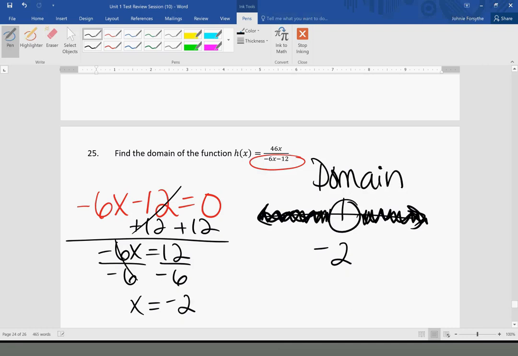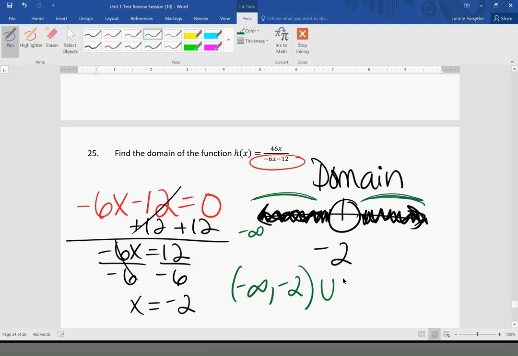Now let's write it in interval notation. We have two intervals here. The first interval starts at negative infinity and goes all the way to negative 2, but we're going to use parentheses because we're not including negative 2. And then we're going to use the union symbol.